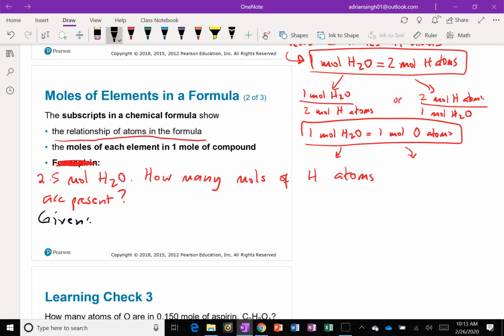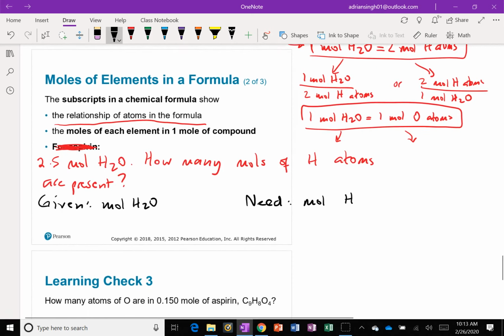So you want to think about it and set it up just like you've done every other mathematical calculation. What are you given? What do you need to get to? All right, so we're given moles of H2O. We need moles of hydrogen.